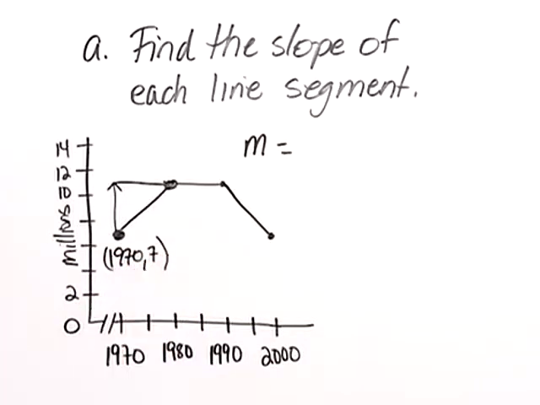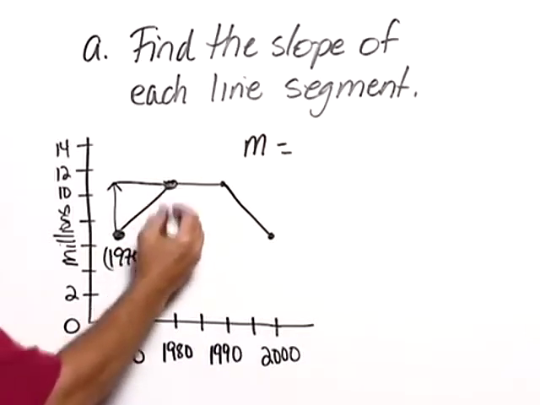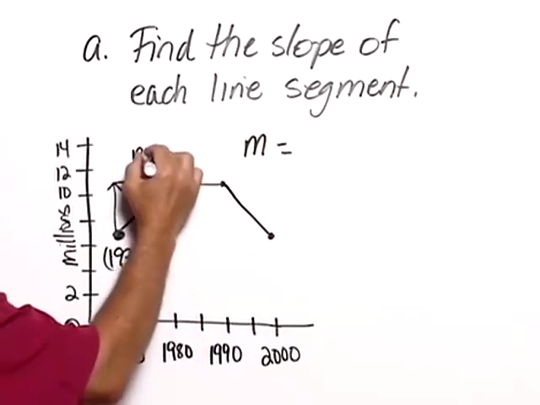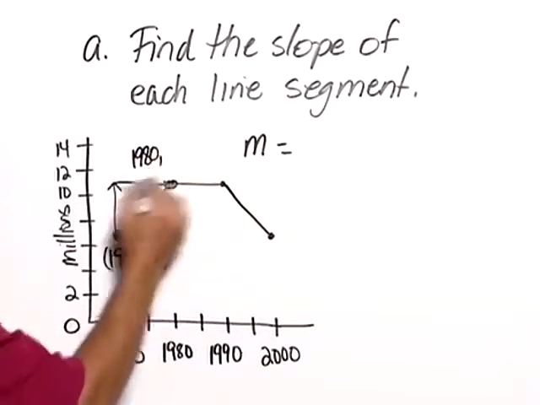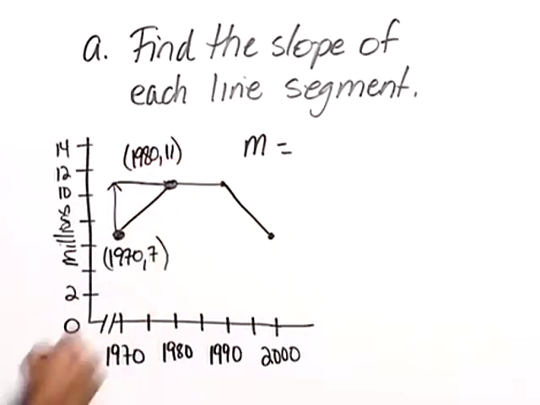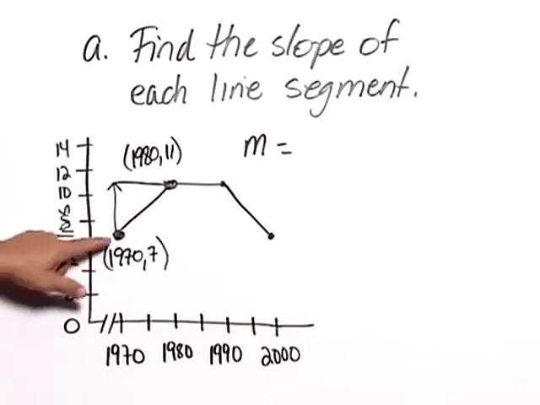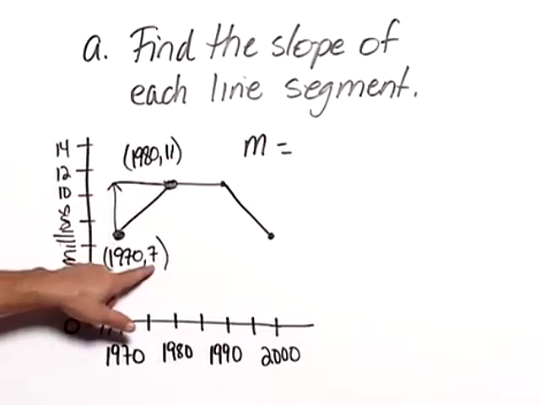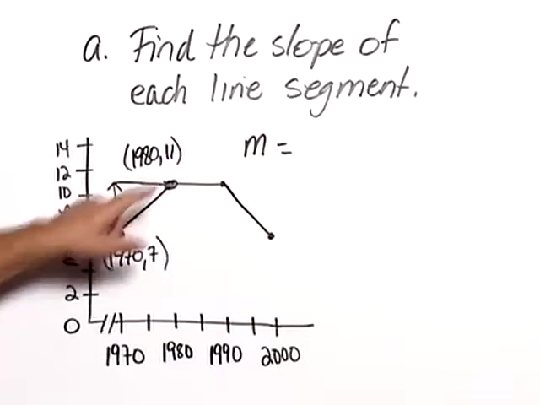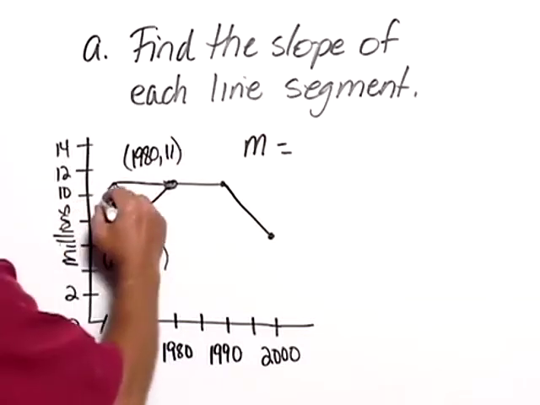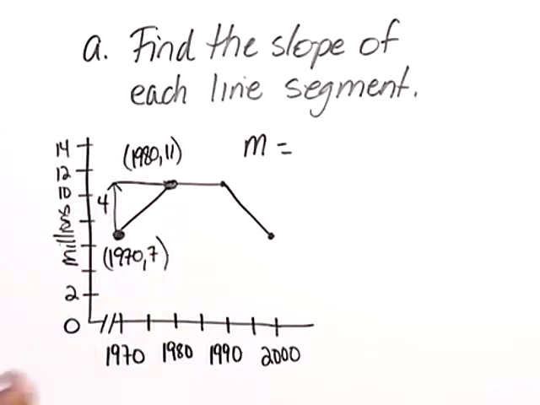And I'll leave it just as 7. This point is 1980, 11 million. And so, when we go to find the rise, it goes from 7 million up to 11 million. So that's a rise of 4 million.